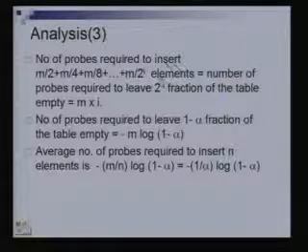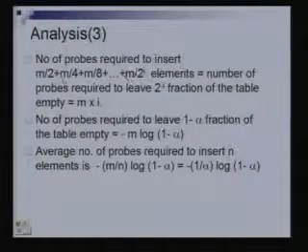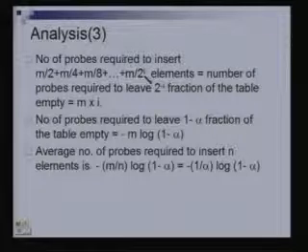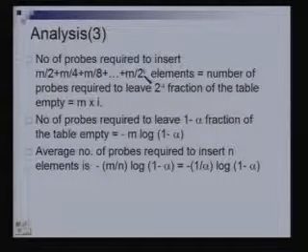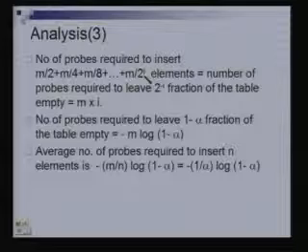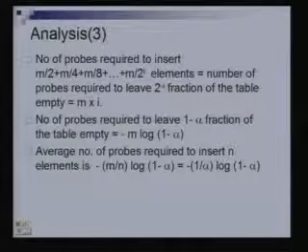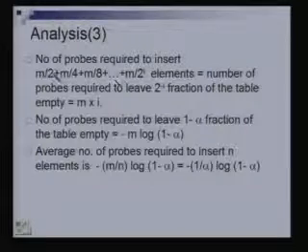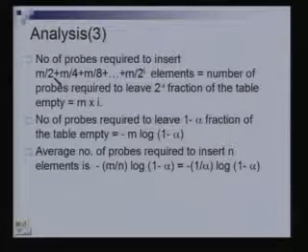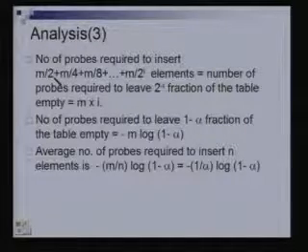And after I have inserted all of these elements, how many locations are empty in the table? What is the total number of elements in the table now? Okay, after I inserted m/2 elements, what fraction of the table was empty? Half. After I inserted m/2 plus m/4, how much of the table was empty? 1/4.